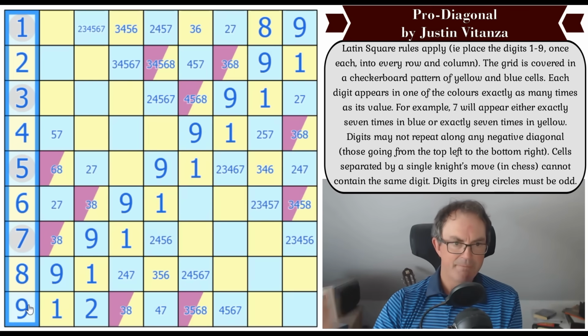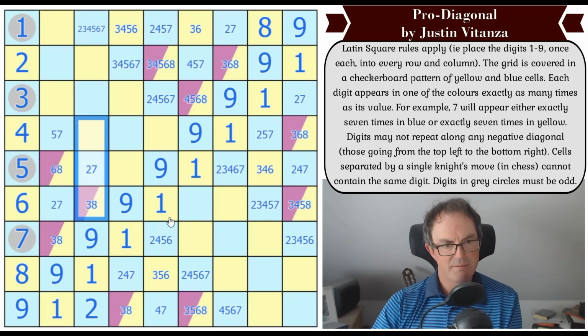5. 5 can't go in those 3 because of this. Is that somehow important? I'm just going to put 5 in there. Let me just think about that for a second.